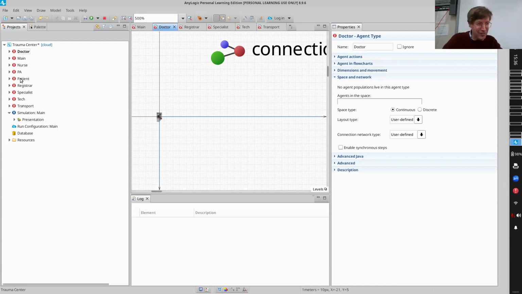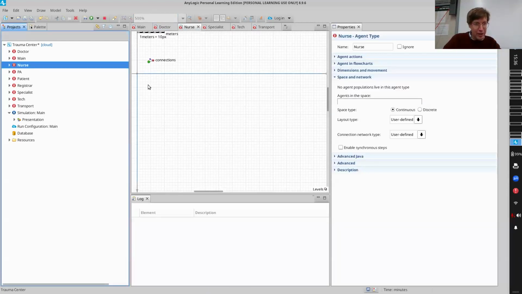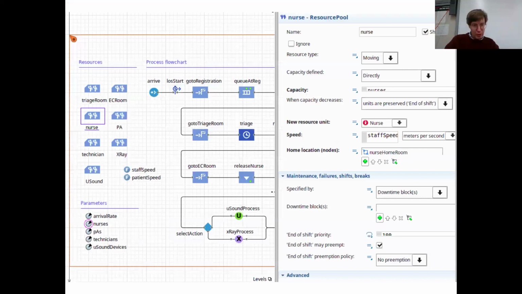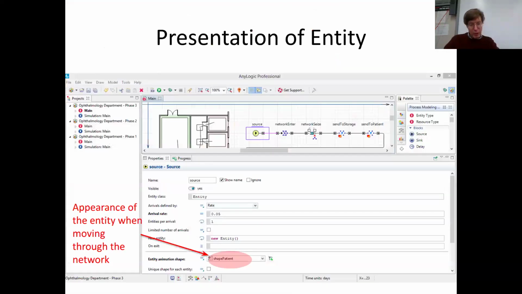Well, that looks awfully vague to me. Similarly, there's a nurse icon, etc. Movement paths, we've seen those among these networks are associated with. We can have paths along which people can travel.